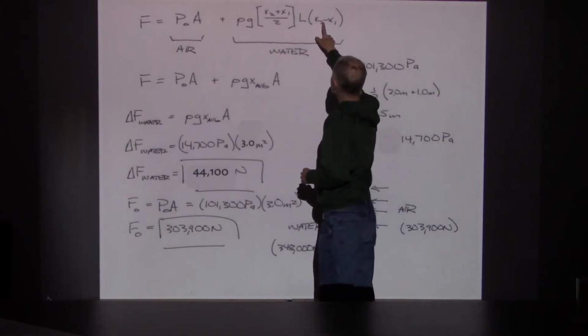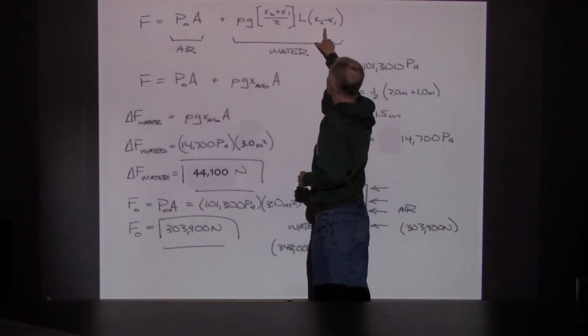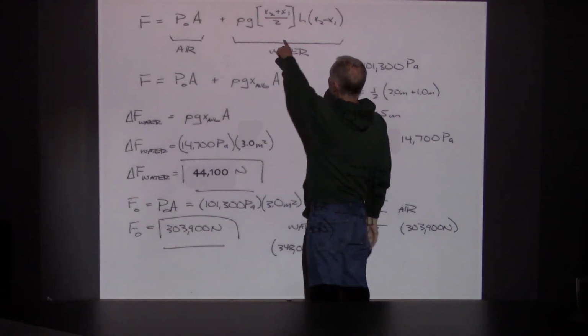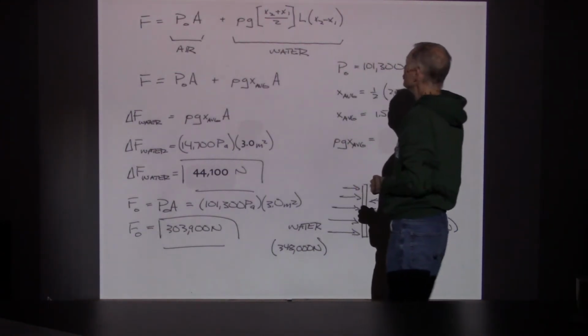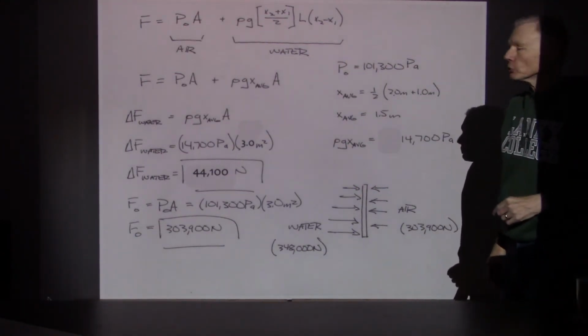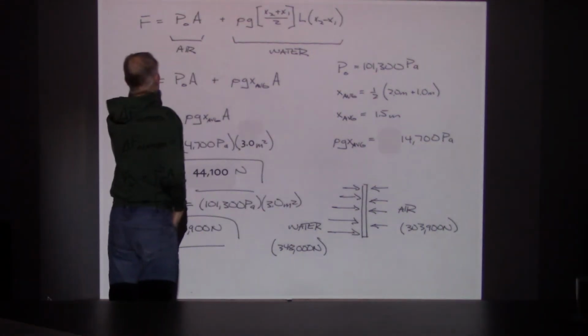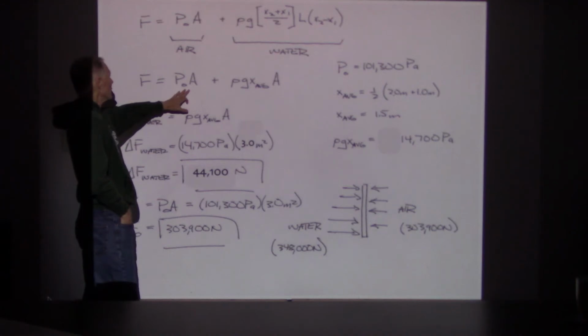The reason I did that is x2 minus x1 is the height, and so that can be combined with the L value here to give us the area. So these two terms work out to be area. And then x1 plus x2 over 2 is average. So another way to think about this is that the force, here is the atmospheric pressure effect.